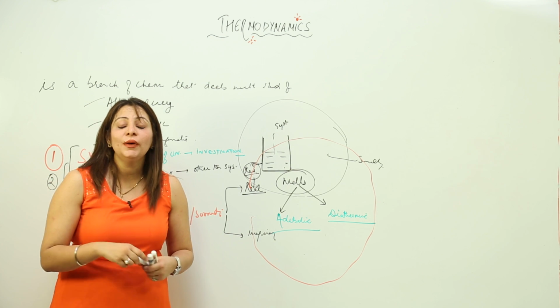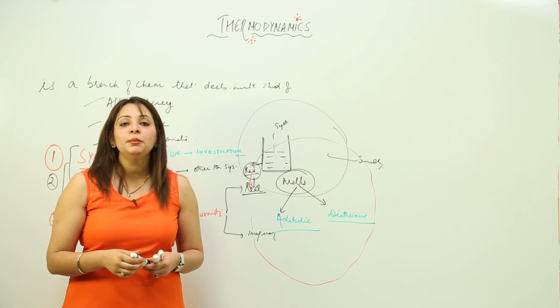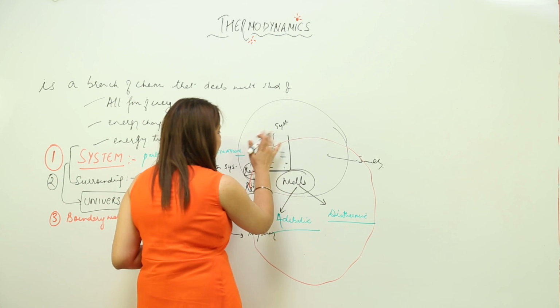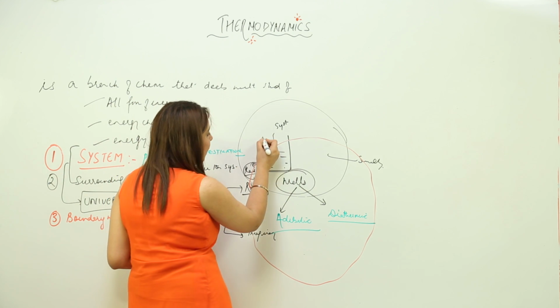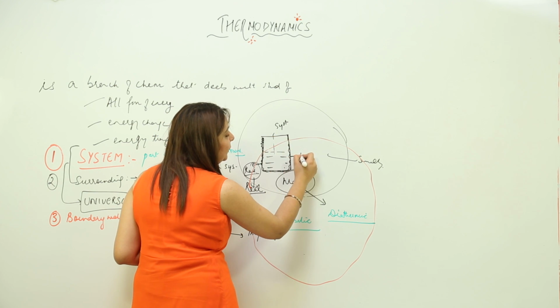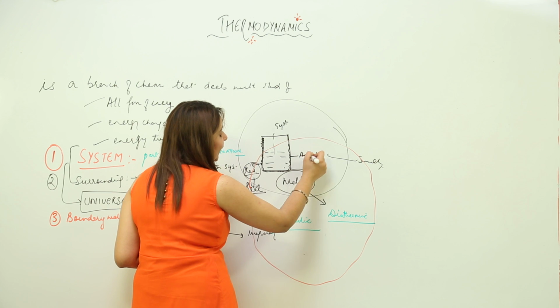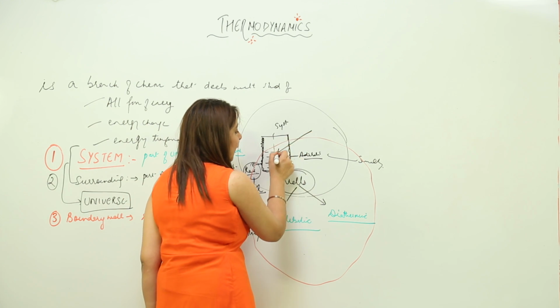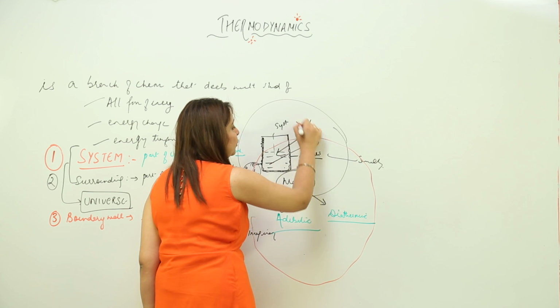Now what is the reason when I say adiabatic? Adiabatic means it will not allow the exchange of energy. Suppose I have this beaker with water, and I say this wall is adiabatic. It will neither allow energy to come in nor allow energy to go out.